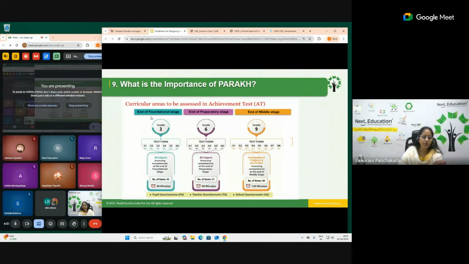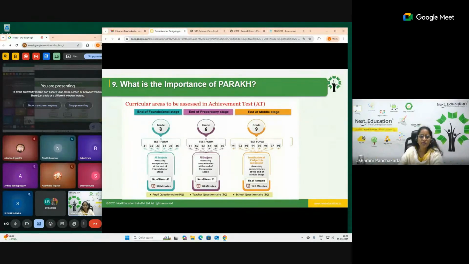They can also join as field investigators. With the help of all these people, from 2022 onwards PARAKH has been doing pilot projects with students taken from different cities.